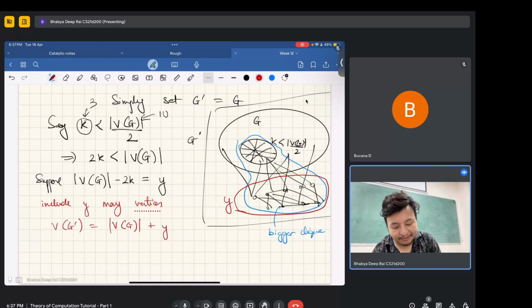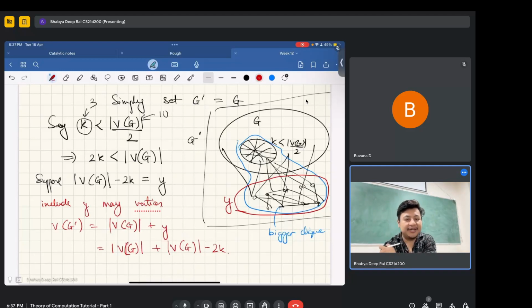And what is Y? V of G plus V of G minus 2K. So this is the new size of the graph.